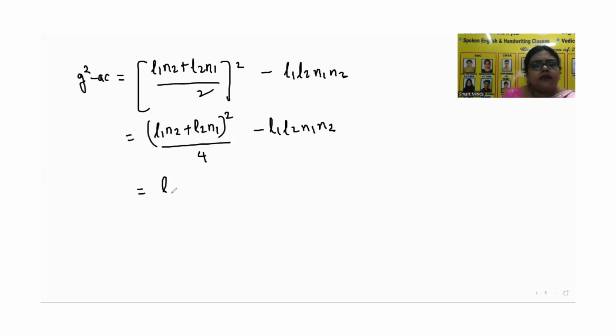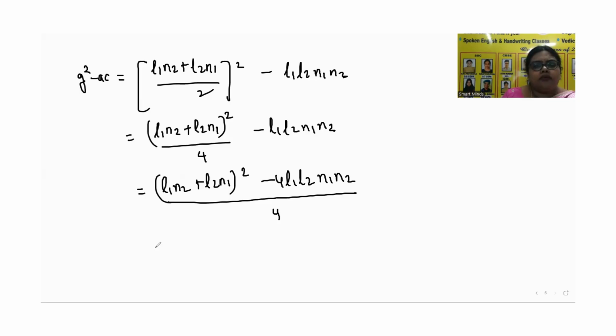You take the LCM now. (L1 N2 plus L2 N1)² minus 4 L1 L2 N1 N2 whole divided by 4. This is (L1 N2 minus L2 N1)² by 4. So square of any number is positive and a positive number divided by 4 is also positive. So this is greater than or equal to 0.